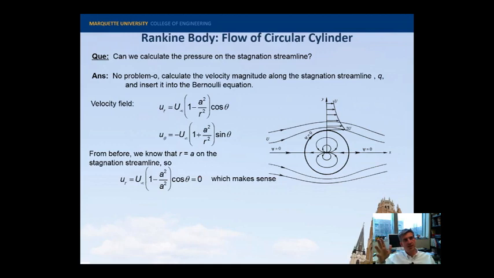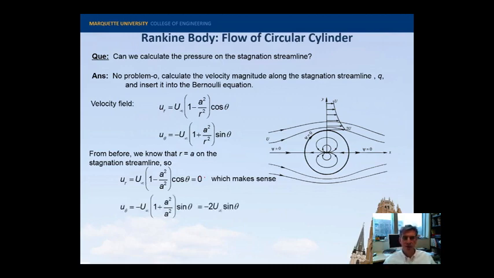That makes sense, right? It's just theta velocity along the cylinder, because it's a circle and there is no radial velocity. You can also think of it as it's a streamline. The streamline can't have a velocity component normal to it, right? By definition, it's always tangential to the surface. And in the cylindrical coordinate system, that's u of theta.